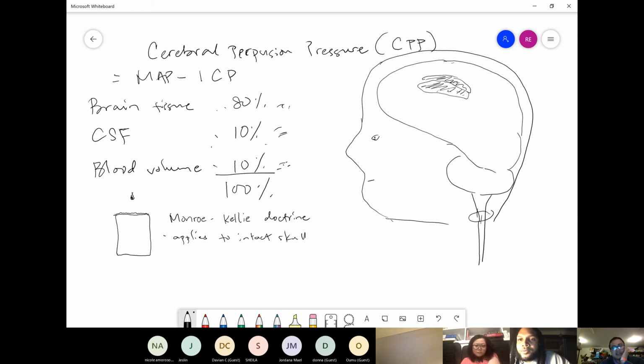This Monroe Kelly doctrine also doesn't apply if the patient is an infant or a small child because they still have open fontanelles, right? So therefore, their brain can accommodate, meaning their brain has more compliance because the skull is not fused yet. You understand?